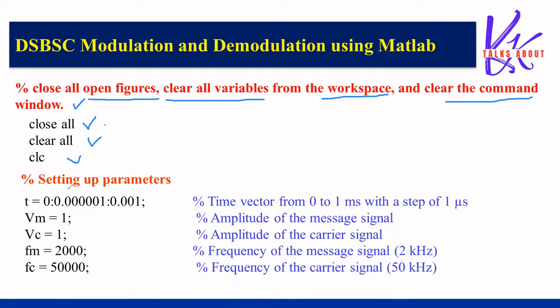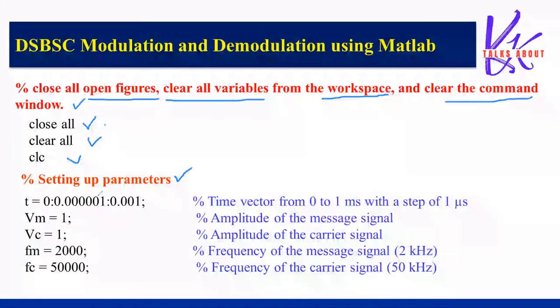After that, as we said for the DSBSC modulation and demodulation, whenever I want to pass some information, I want a message signal, and moreover, I want a carrier signal. So what are the parameters we require to set up?